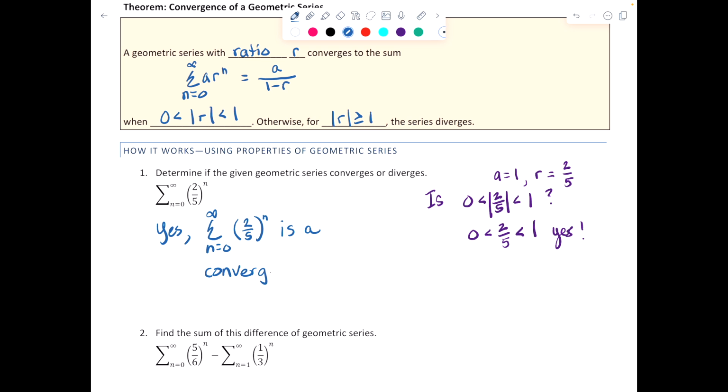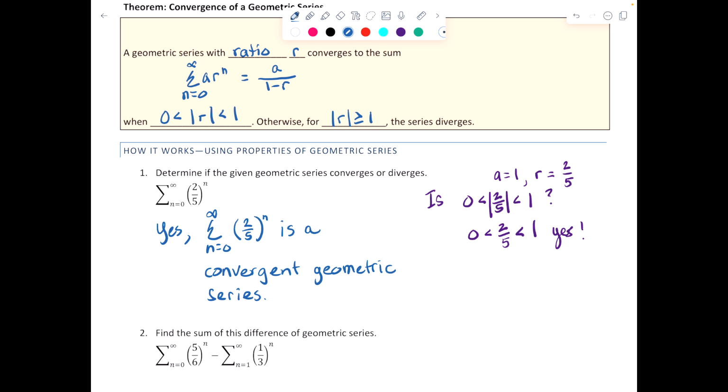Now, if you're only asked if something converges or not, then you don't have to worry if your index starts at 1. We're looking at behavior as your n goes to infinity.